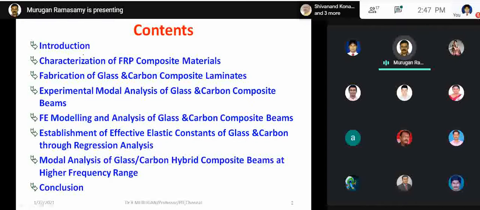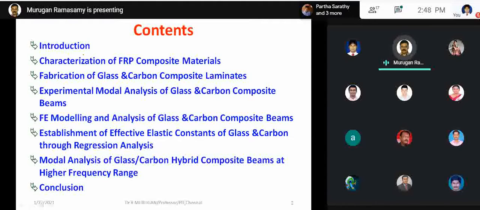After that, we compare the results of these two. By comparing them, using simple regression analysis, we are trying to establish the elastic constants of these composite beams. After getting these elastic constants, we can apply them for any further analysis. For that also I did one simple modal analysis for composite beams at a higher frequency range. Okay, this is the presentation plan.